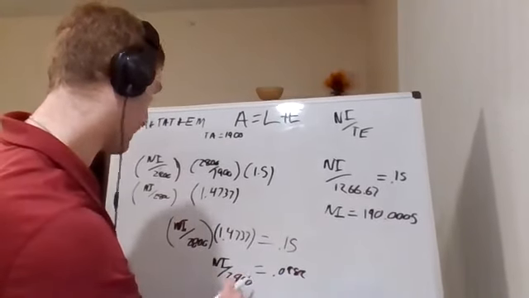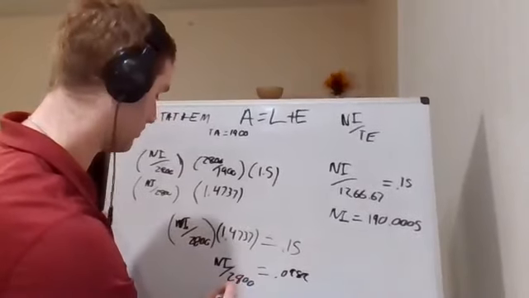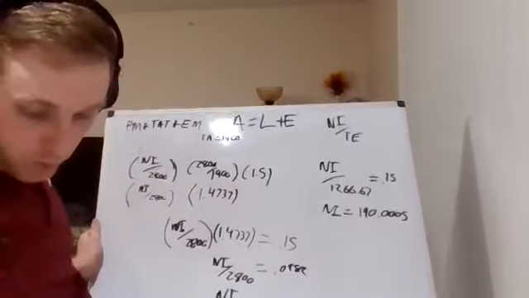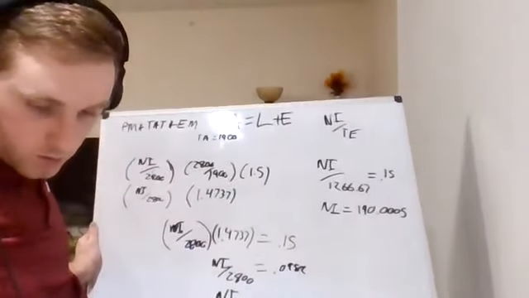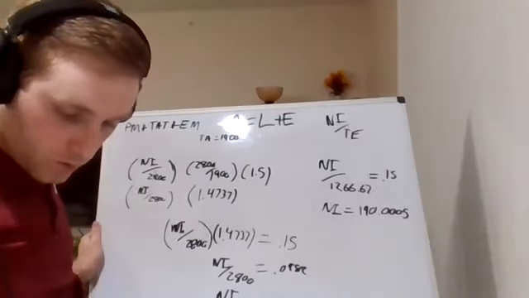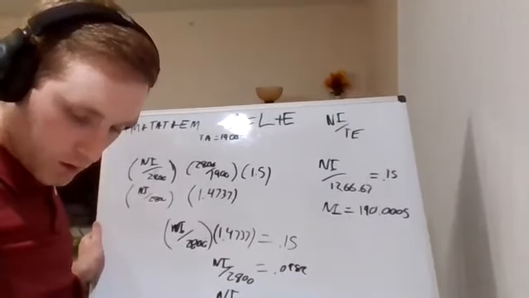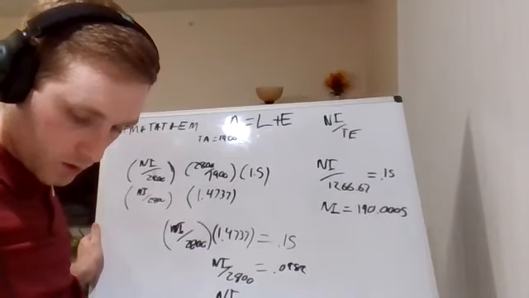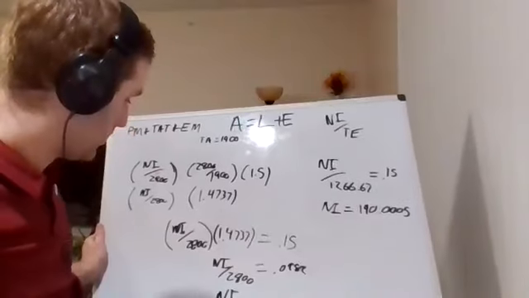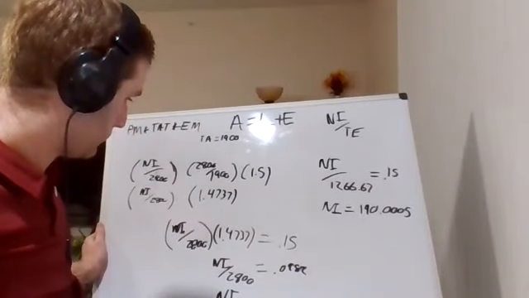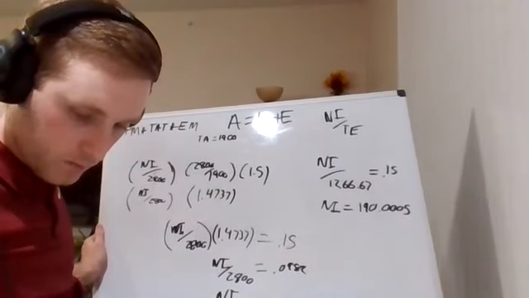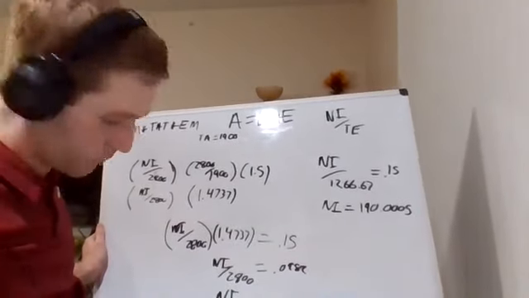So when I multiply both sides by this 2,800, because I got to move it to get my NI, I'm probably going to get, no, 0.0982 times 2,800 is not what I'm looking for. $1.4737.